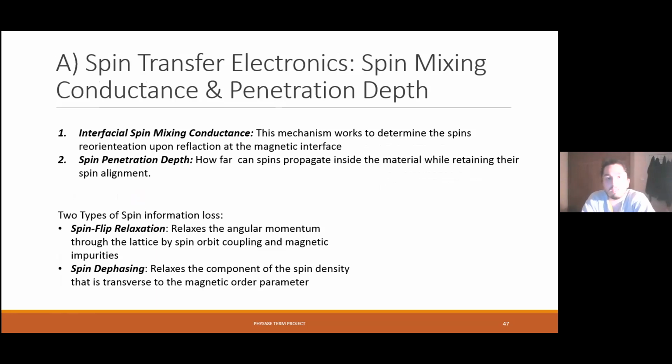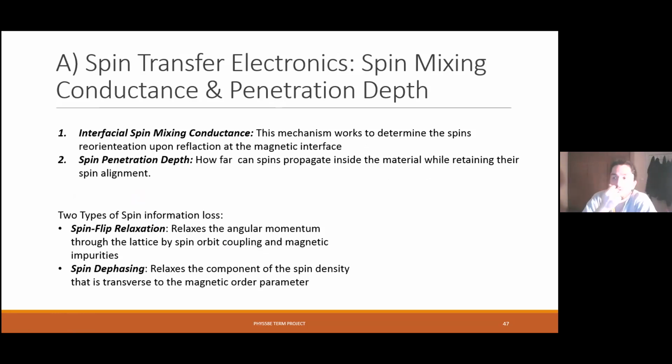One important topic is spin transfer electronics, spin mixing conductance, and penetration depth. I needed to make comments and describe the terms in this one. Interfacial spin mixing conductance is the mechanism that determines the spin's reorientation upon reflection at the magnetic interface. And spin penetration depth means how far spins can propagate inside the material while retaining their spin alignment.